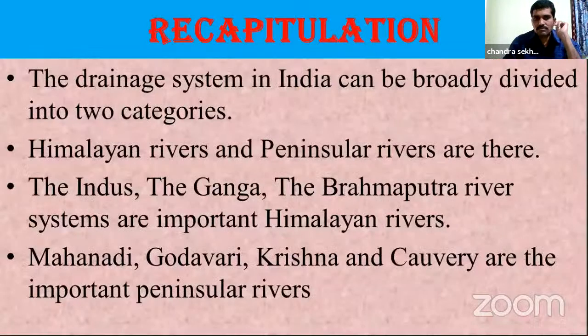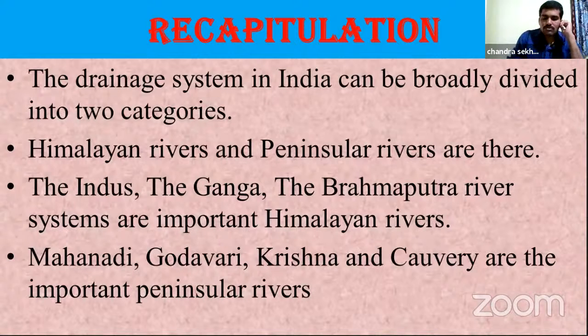Here we will recapture the lesson up to what we have discussed. The drainage system in India can be broadly divided into two categories. What are the two categories? One is the Himalayan rivers and the second one is the peninsular rivers.